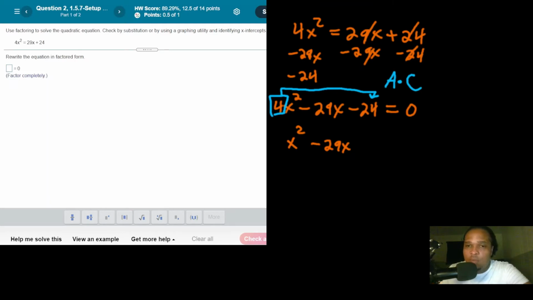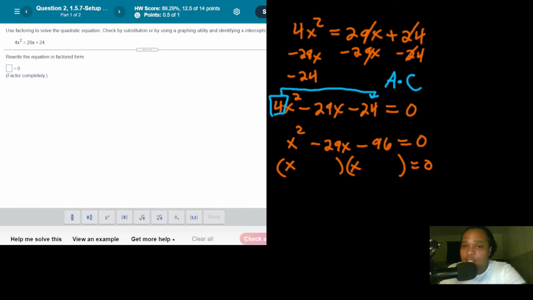We know that this thing is going to be 4 times negative 24, which is negative 96. And now we have something a little bit more workable, right? So let's see if this is factorable. And it should be. So as you know, we're going to put our x in front.